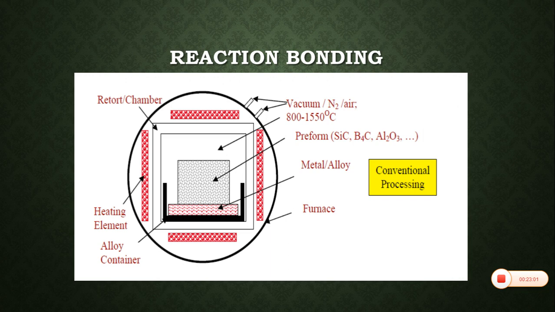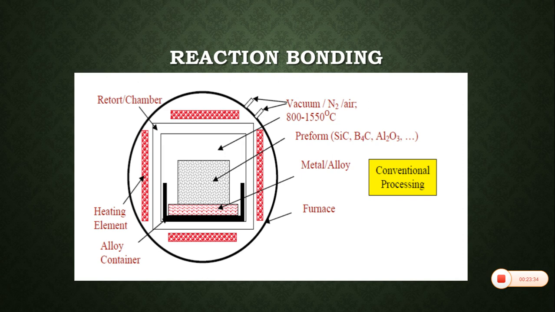After the preform is produced, it is brought in contact with the molten alloy in a controlled atmosphere. For aluminum matrix composite, magnesium is used as a dopant, or you can say as an alloying element. Magnesium can be either added in the form of powder, or it is just added as an alloying element in a melted form to the melted matrix.